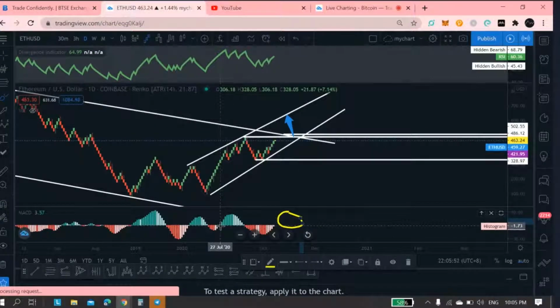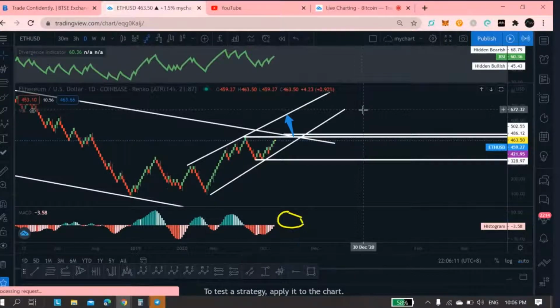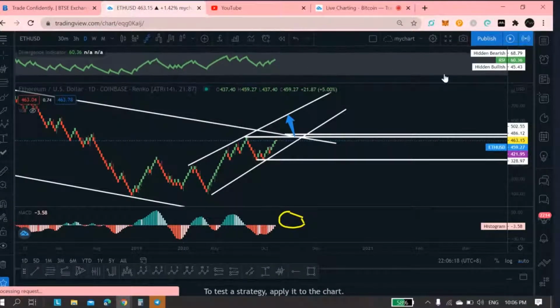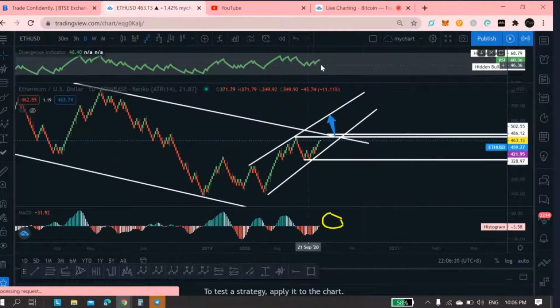Like for example, this one, the darker green side. But the lighter one is where it starts to correct or go down. So I'm expecting it to really trend higher using the MACD. Also this one, the divergence indicator, is also trending higher.